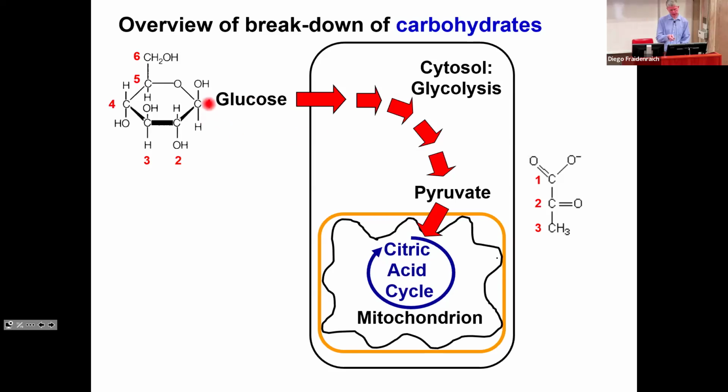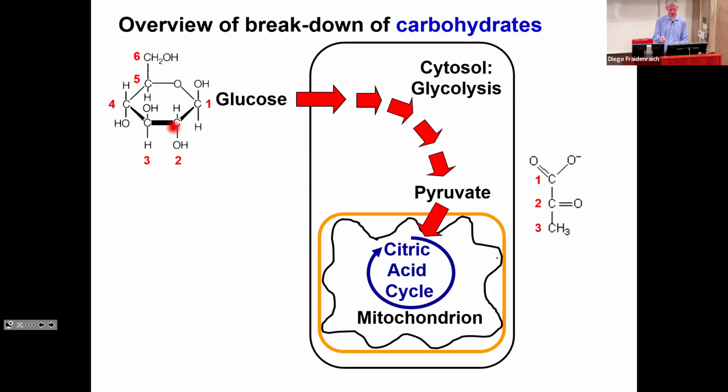Glucose has 6 carbon atoms, and this will be split into 2 equal-sized parts called pyruvate, which has only 3 carbon atoms.